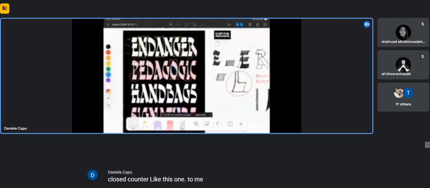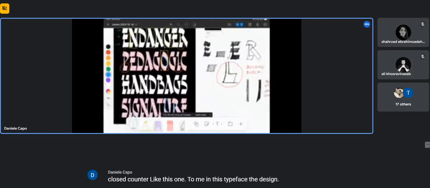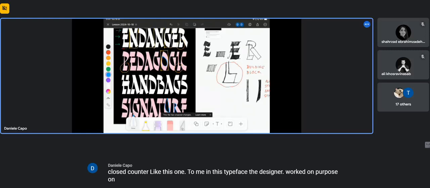To me, in this typeface, the designer worked on purpose on the balance between empty shapes, the counters, and filled shapes, the letters.